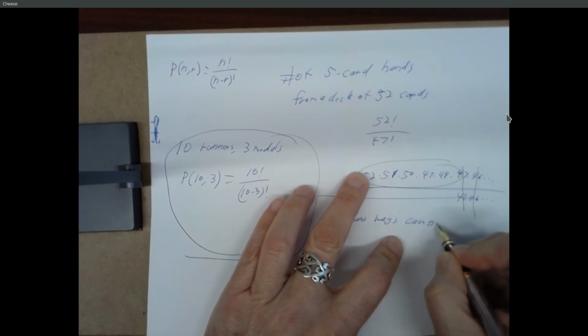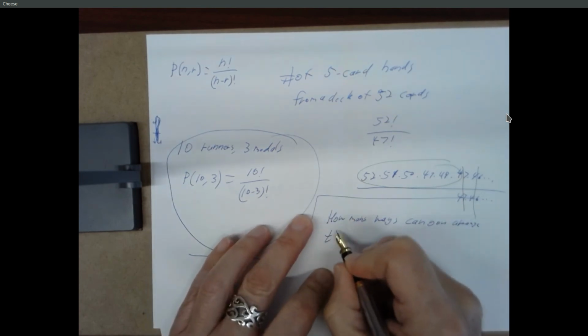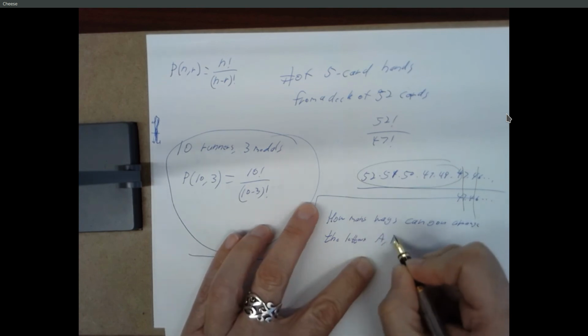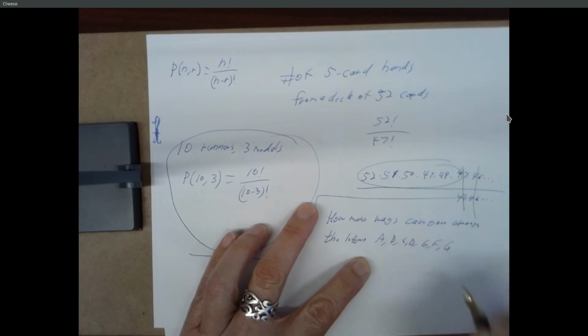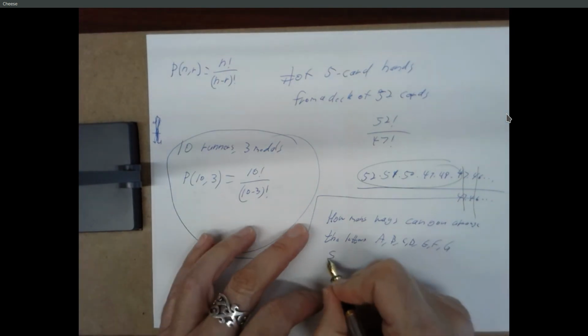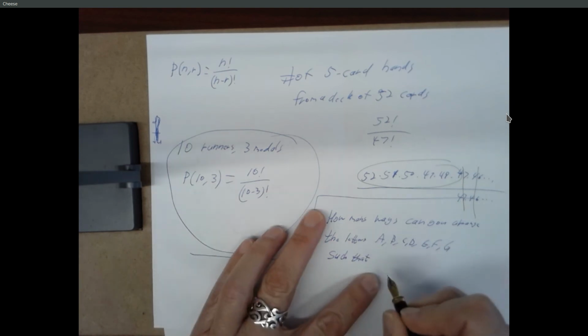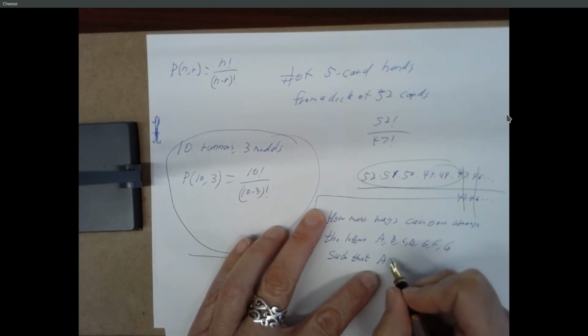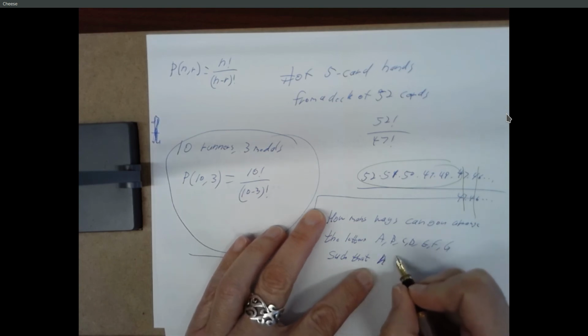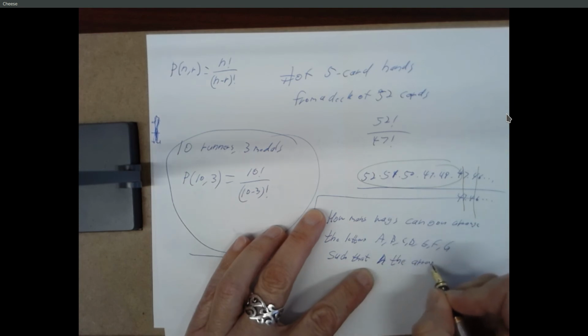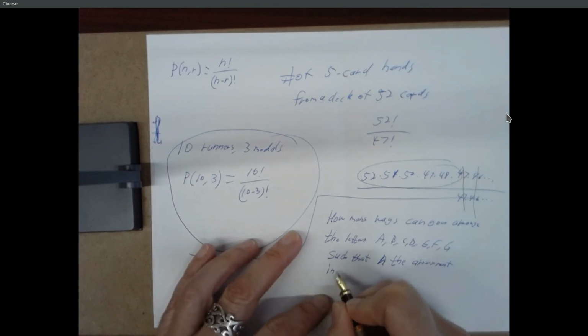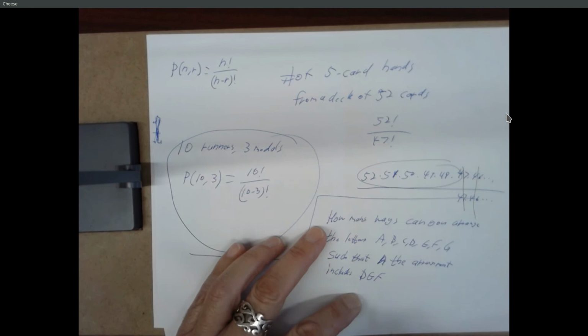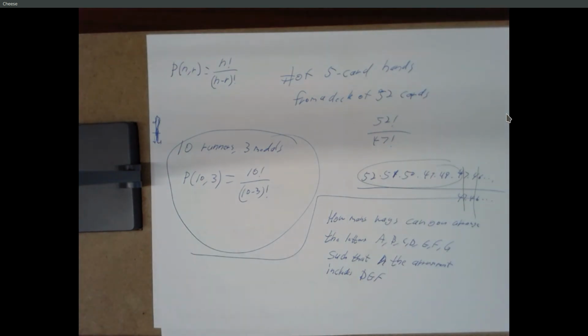How many ways can you arrange the letters A, B, C, D, E, F, G such that the arrangement includes D next to E next to F. So we want to find the number of ways we can rearrange these 7 letters, but we're also requiring that that arrangement must have D followed by E followed by F immediately.